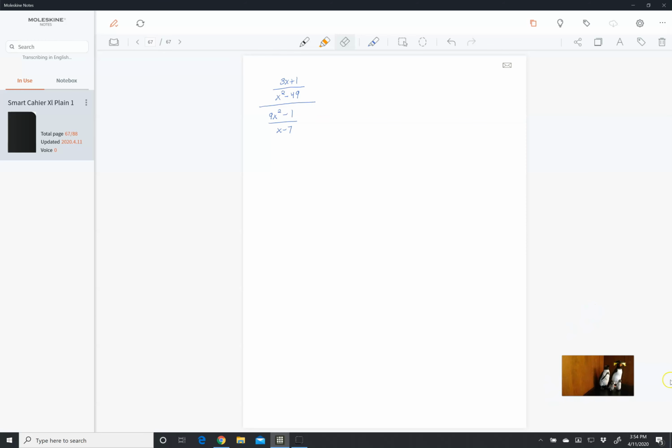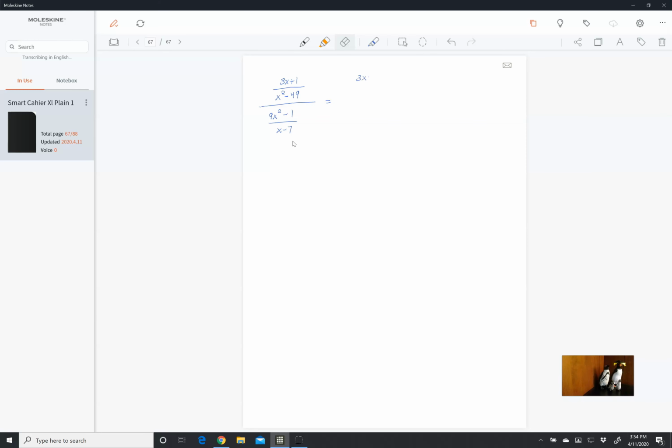And here this is a little bit different, and the reason why is because we don't have to add or subtract fractions. We have one fraction in the numerator and one fraction in the denominator. But if you remember from division, one of the things that we want to do is factor. We always want to factor. So we can do that here.